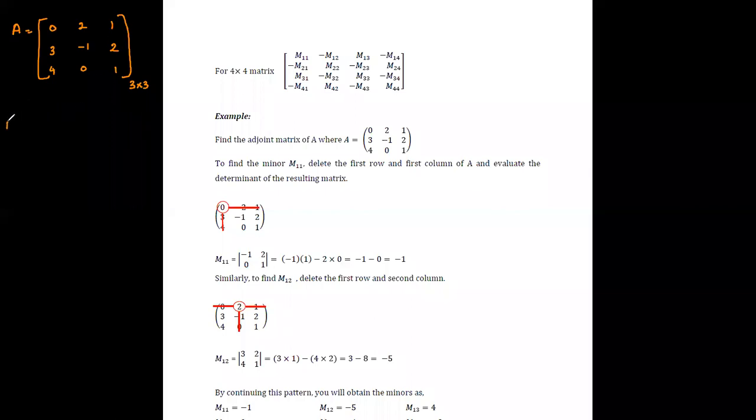Then first I will name these 9 minors as M11, then M12, M13, M21, M22, M23, then M31, M32, and M33.